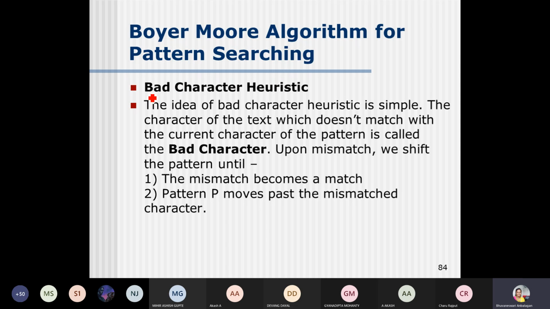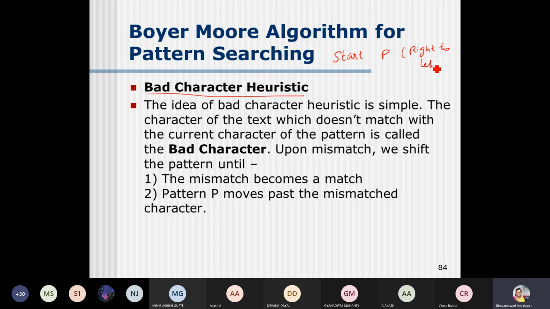One is identifying a bad character heuristic. It will not look for the matching alphabet. Instead, it will look for the non-matching alphabet first. So the first condition is that it will start to check the pattern from right to left.